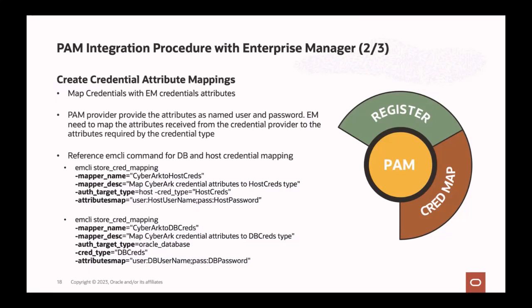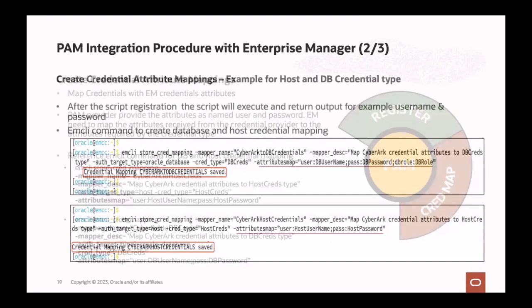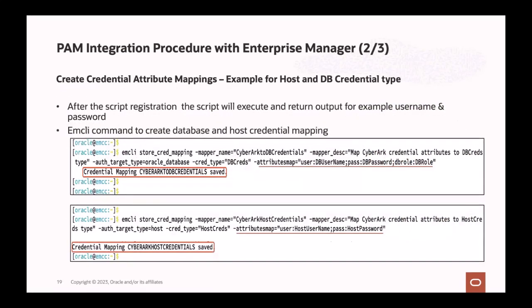It could be host or it could be database, and depending on that, the attributes also vary. So let's take an example and see how we can run the store credential mapping for database as well as for the host credential type.